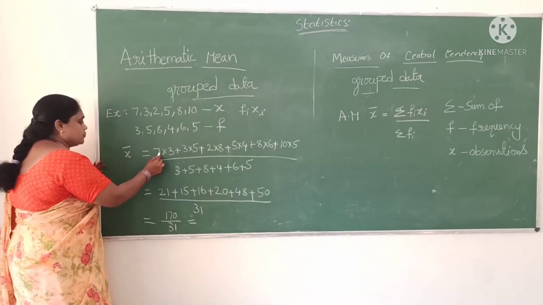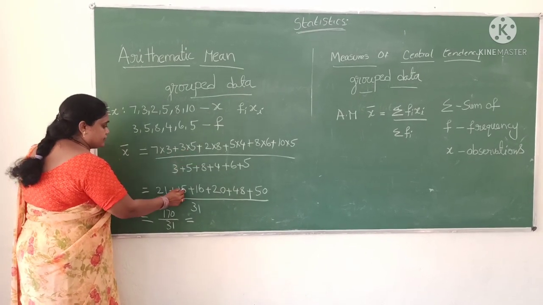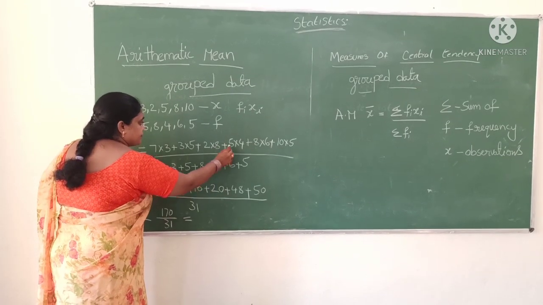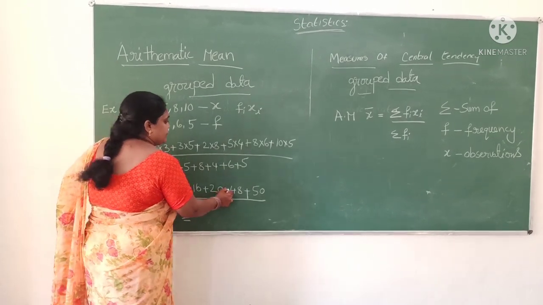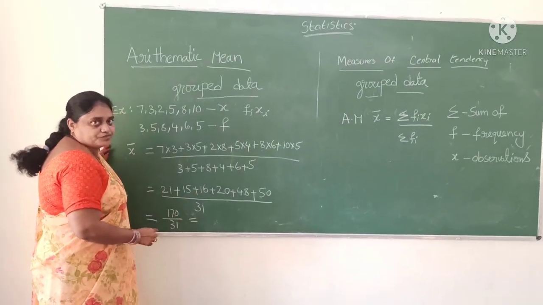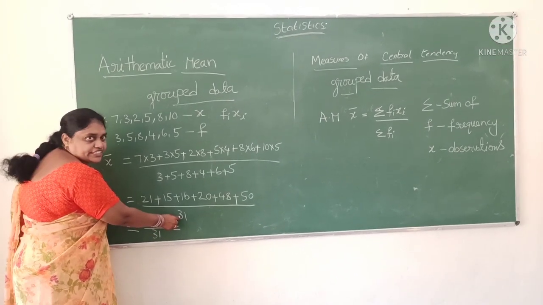Okay, now we calculate 7 3 are 21 plus 3 5 are 15 plus 2 8 are 16 plus 5 4 are 20 plus 8 6 are 48 plus 10 5 are 50. Okay, sum of all frequencies is 31.